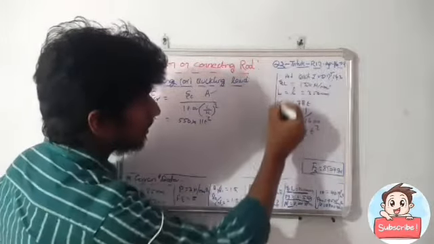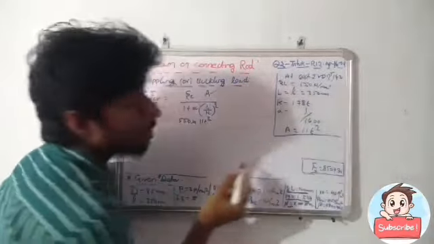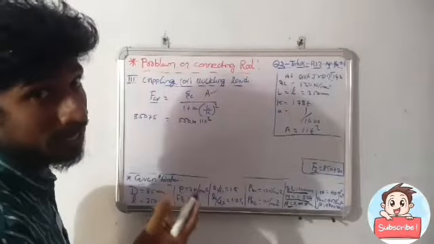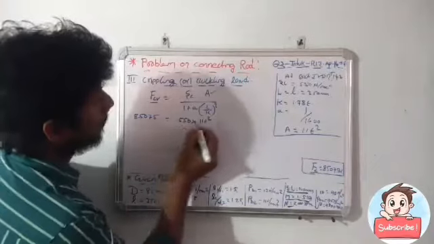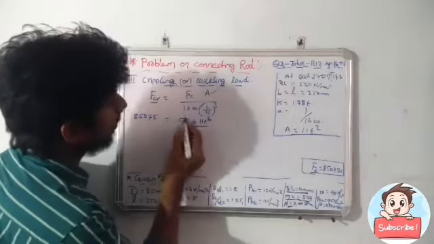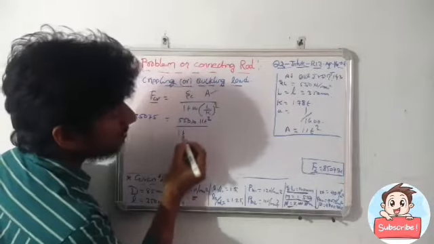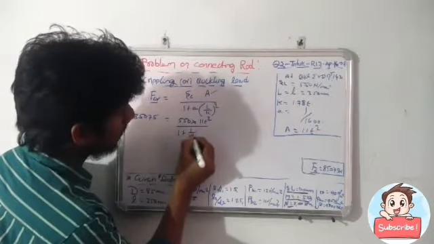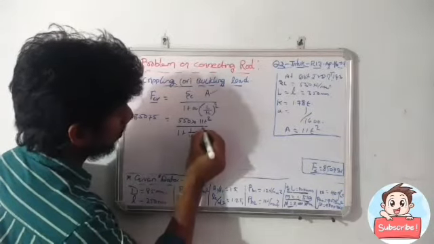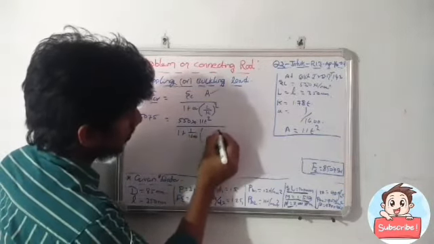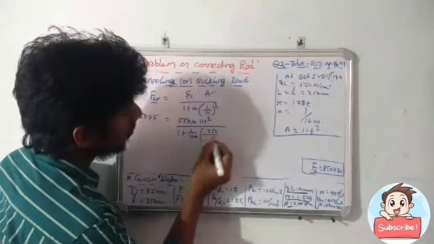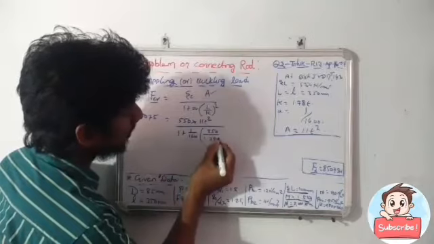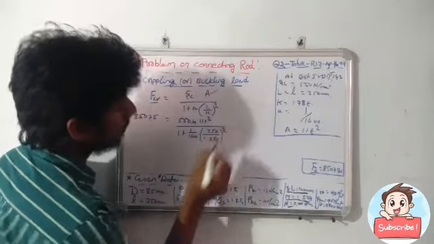So remember, these all are values considered from the design data book based on the material condition. Divided by 1 plus, what is the A value here? 1 by 1600. And after that, what is the L? 350 whole divided by 1.78 t whole square.